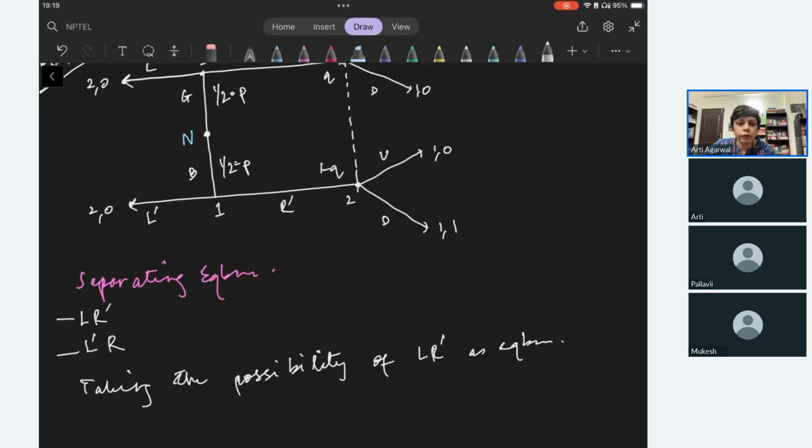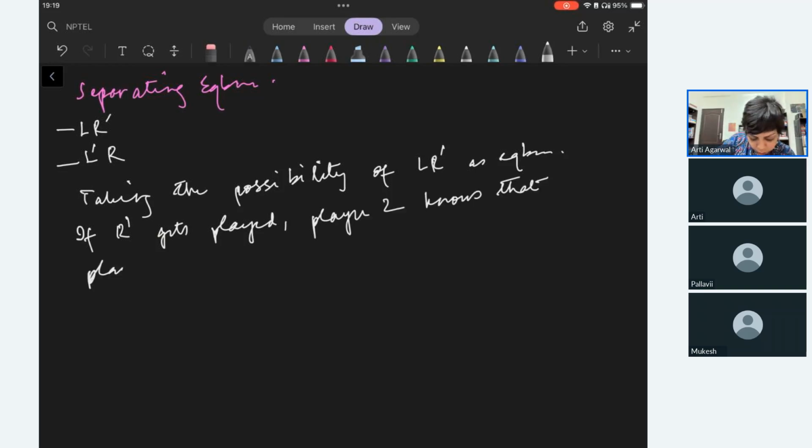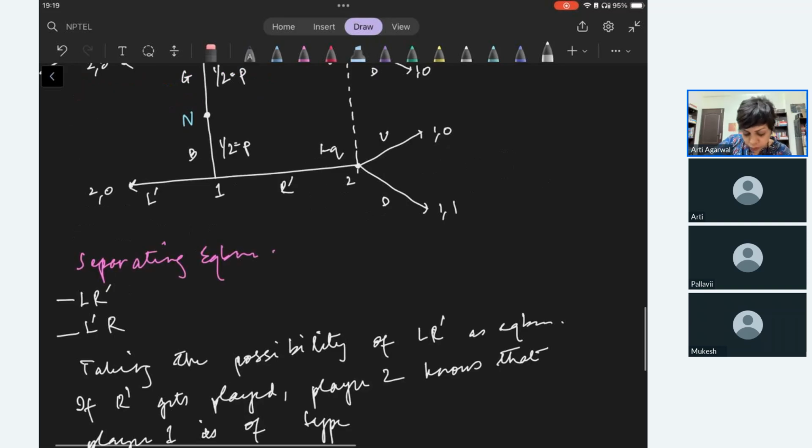the player 1 is of type B because R prime is reached only if player 1 is of type B, right? If R prime gets played, player 2 knows that player 1 is of type B, right?